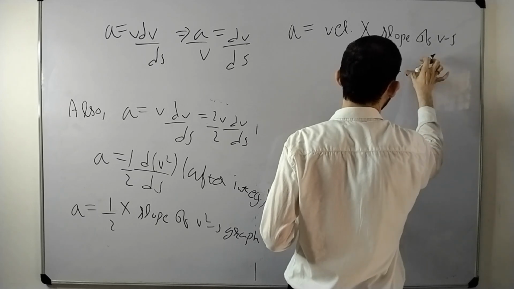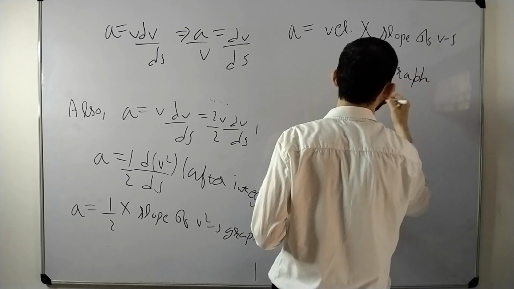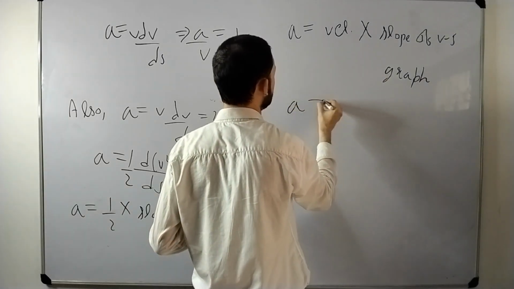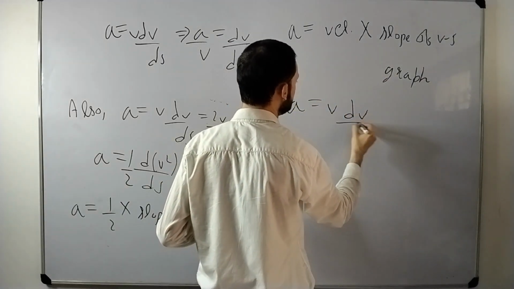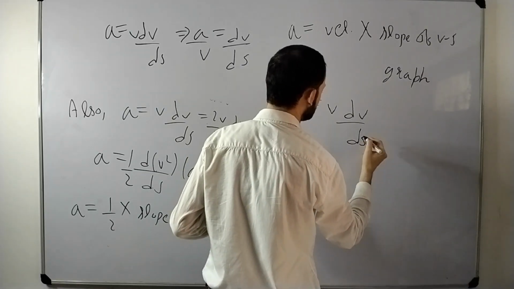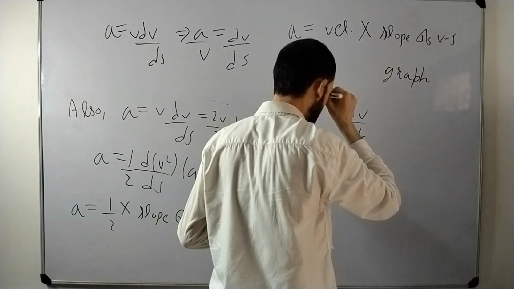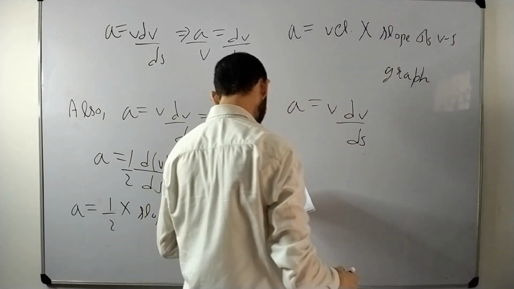How come, sir? How is this coming to be? Because this is this thing, na? A is v dv upon ds. Oh sir, now understood. Slope of Vs graph. Yes, sir.